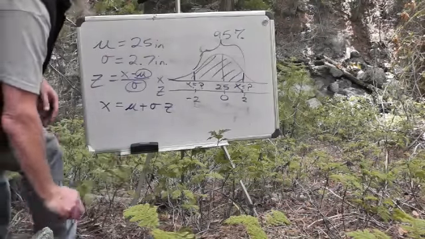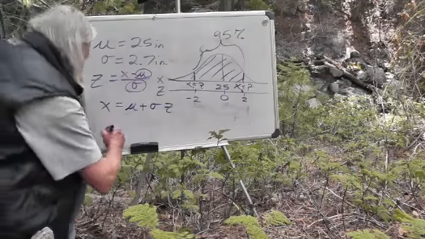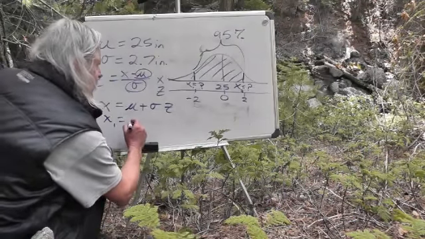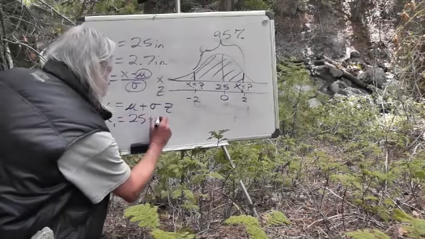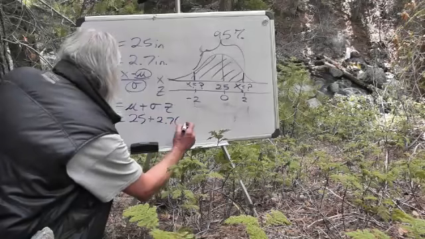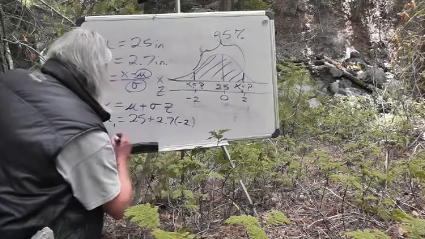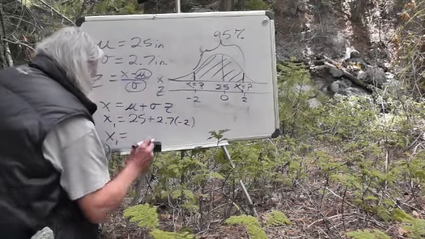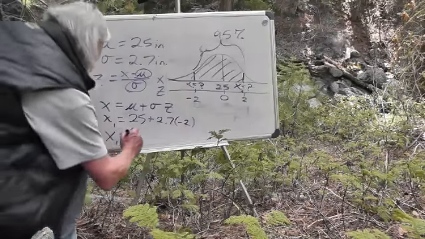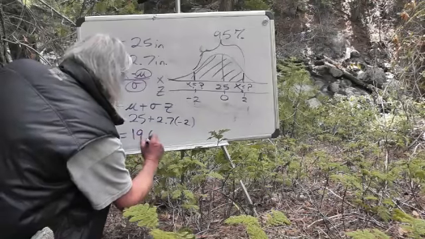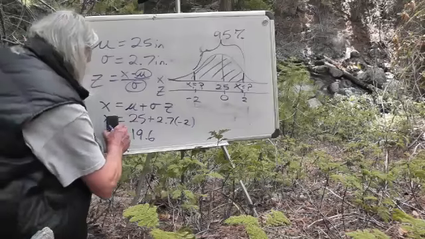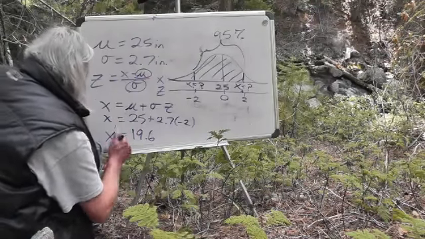So then to do our computations, we're just going to plug in x for x1. We have mu is the 25, our standard deviation is the 2.7, and then we have -2 for our z-score, so we get x1 equals 19.6 inches. We do the same thing for x2, and let's just kind of get through this.